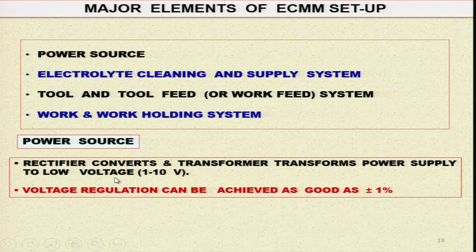Power source: the rectifier converts and the transformer transforms power supply to low voltage, that is 1 to 10 volts in case of ECMM, and voltage regulation can be achieved as good as plus minus 1%, because if voltage variation is there, then you will not get the accurately machined component, because voltage is going to vary the current supplied in the interelectrode gap, and that is going to change the current density, which finally affects the material removal rate at different locations.